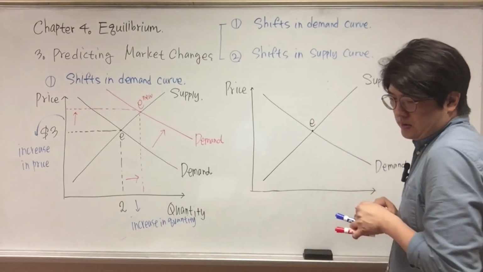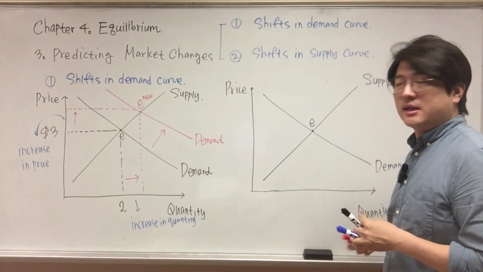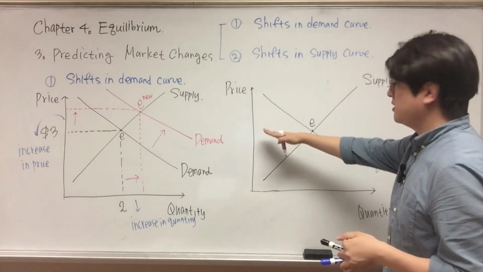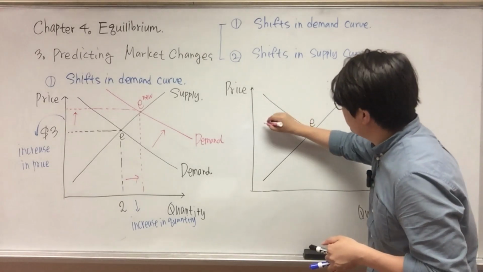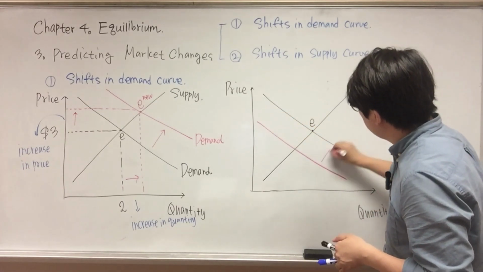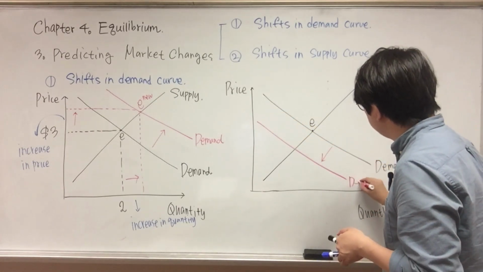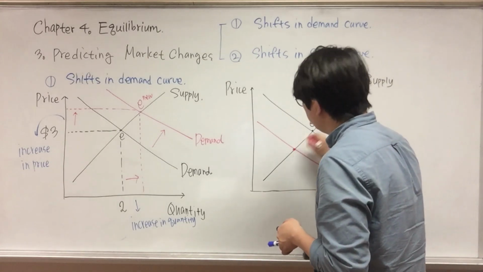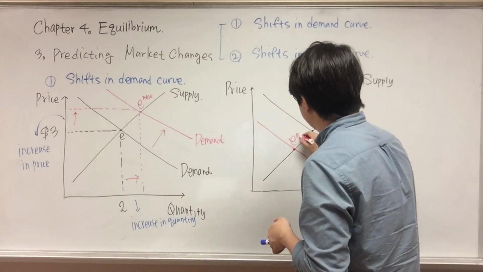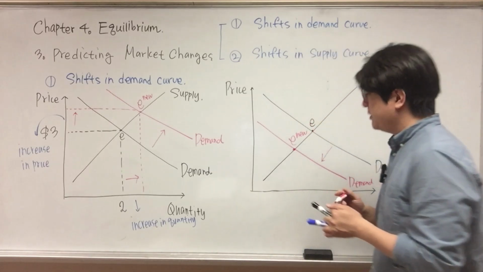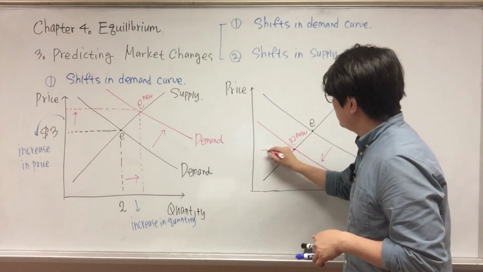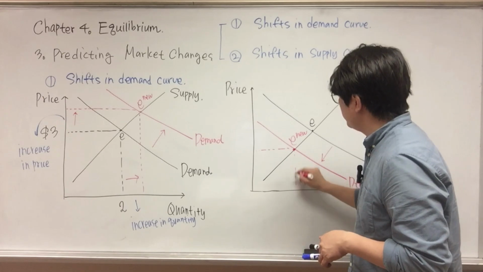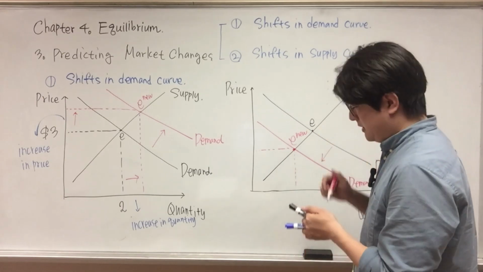If we have decreased demand, the curve will shift to the left. We have a new demand curve and, at the same time, a new equilibrium point. So what happened compared to the original equilibrium point?